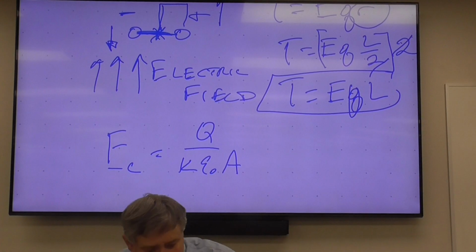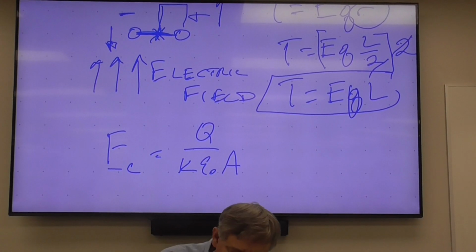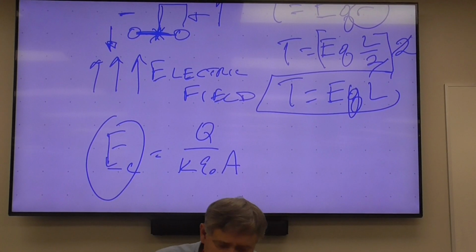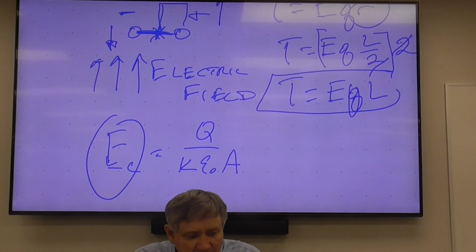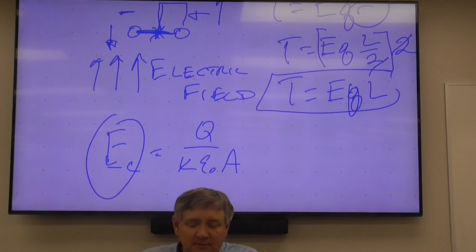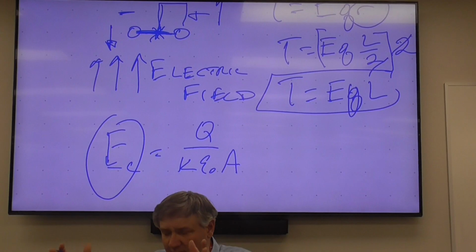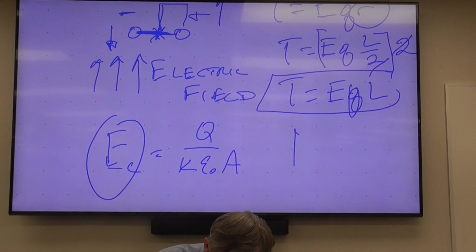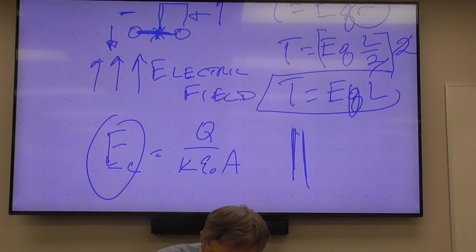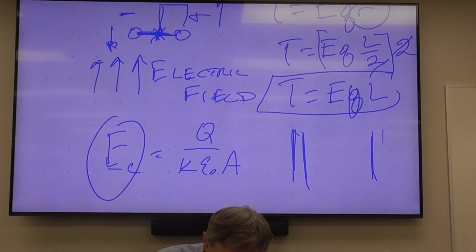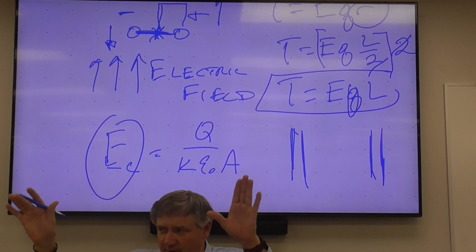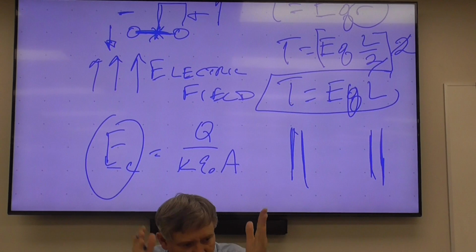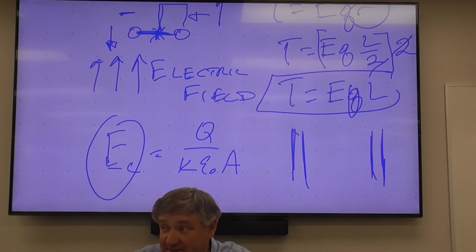Okay. Now, so what this gives you is the value of an electric field inside a parallel plate capacitor. So here's the short version of how a parallel plate capacitor works, and I'll show you one in just a second. A parallel plate capacitor works by separating charges within a plate, but that takes work.